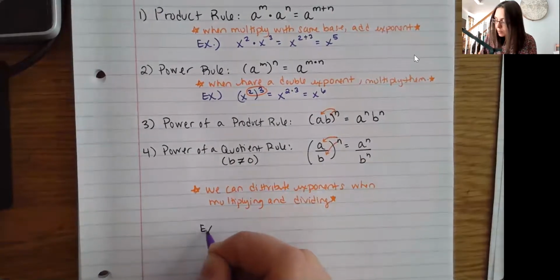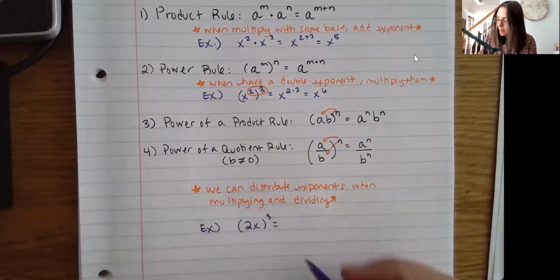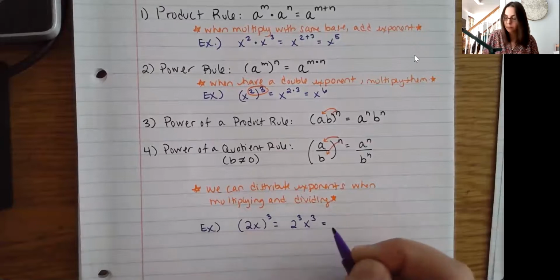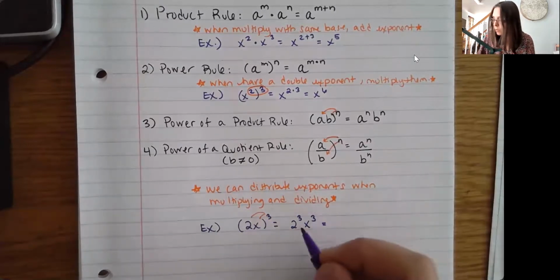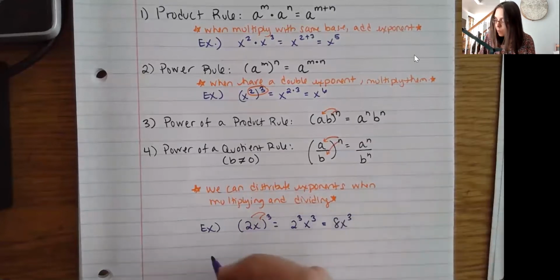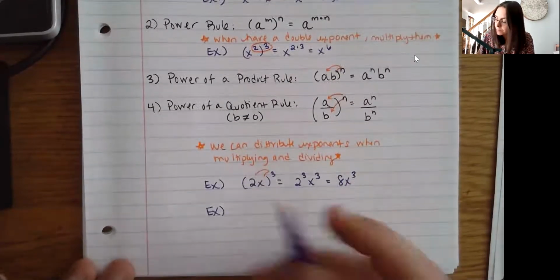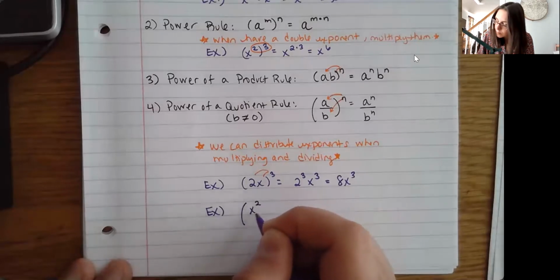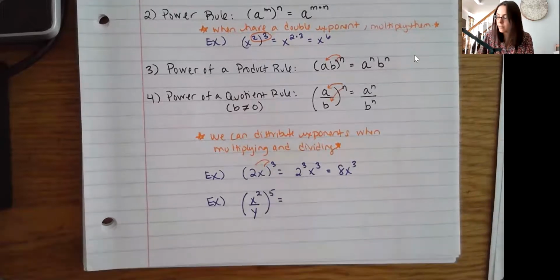So for example, let's say I have 2x to the third power. That would be 2 to the third power times x to the third power. 2 to the third power is 8, so this would be 8x cubed. Or for example, let's say I have something like x squared over y to the fifth power, all raised to the fifth.